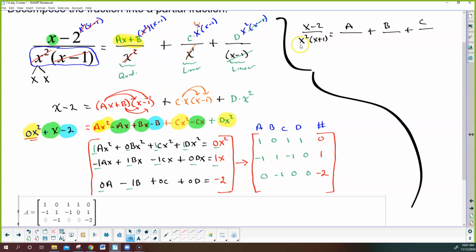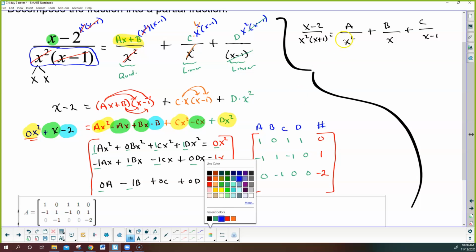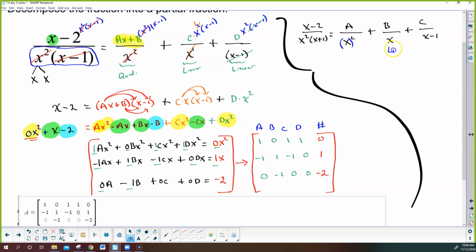Okay. So when we wrote our factors, the factors are correct. This is an x squared, this is an x, and this is an x minus 1. And this is the part that I got caught up on. So notice these were linear here, right? Linear, linear.